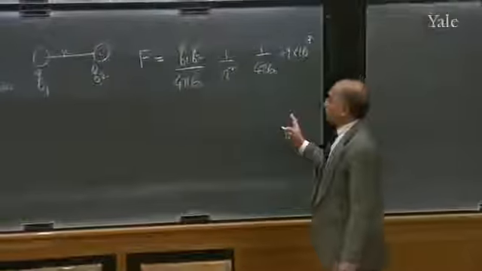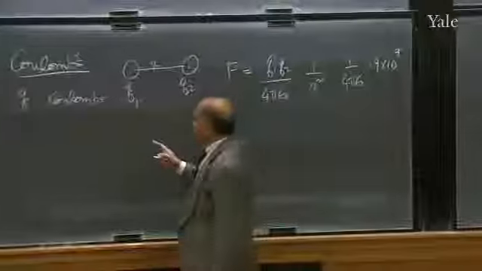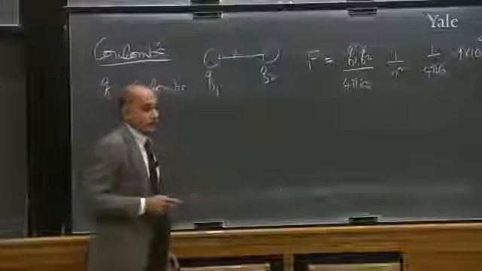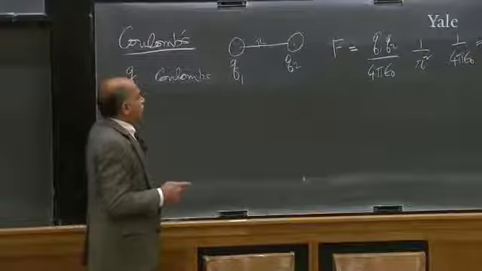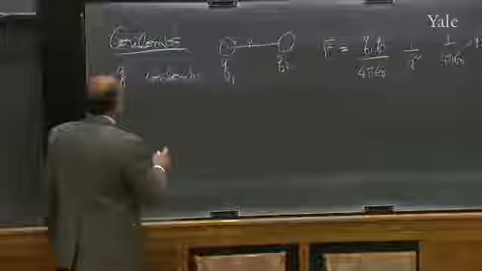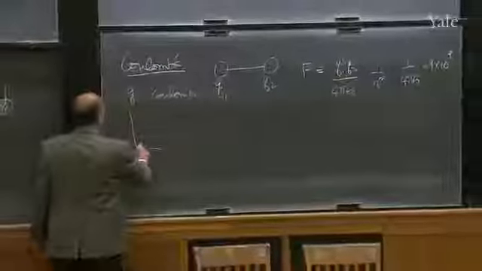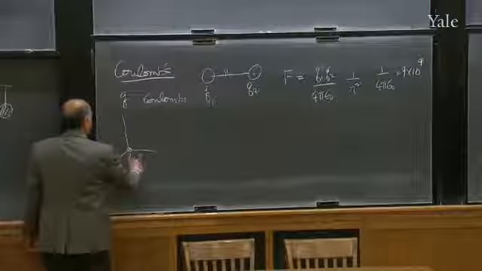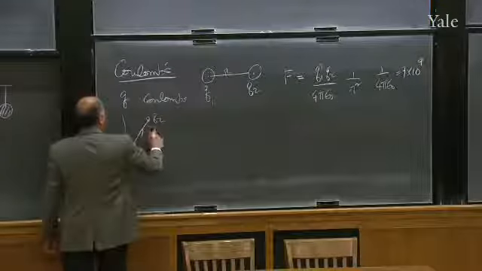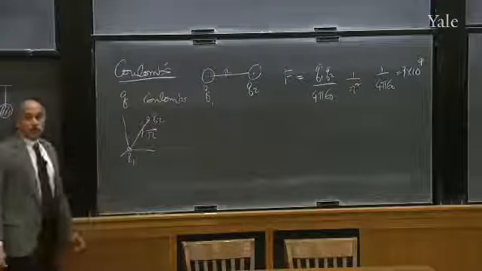Now, if you want to be more precise, I should write a formula more carefully, because force is a vector. Also, I should say force on whom and due to what. So let's say there are 2 charges, and say Q1 is sitting at the origin and Q2 is sitting at a point whose position is the vector r.